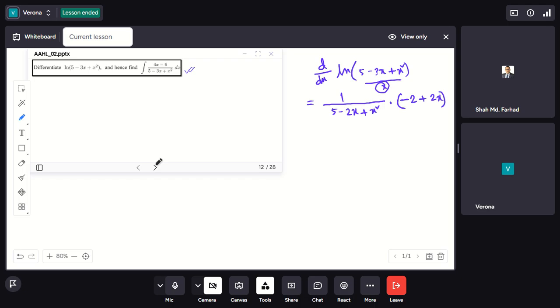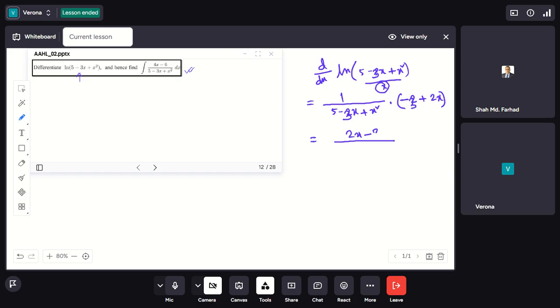That means, if we rewrite this, oh sorry, here we are given 3, right? This one is 3. Yeah, it will be negative 3.